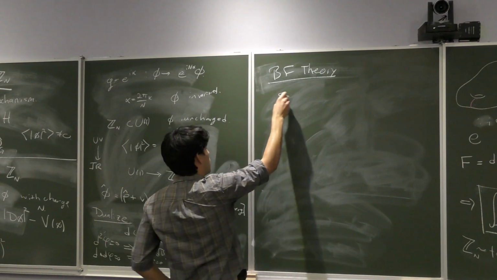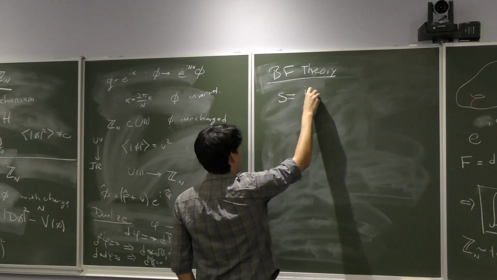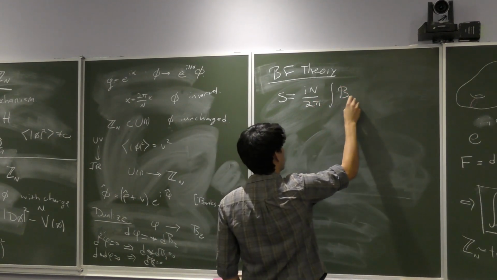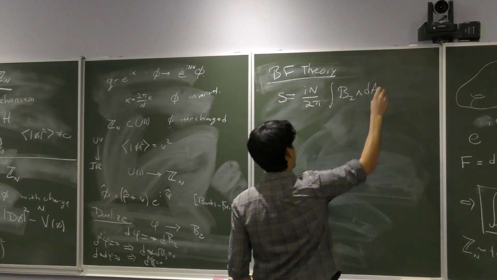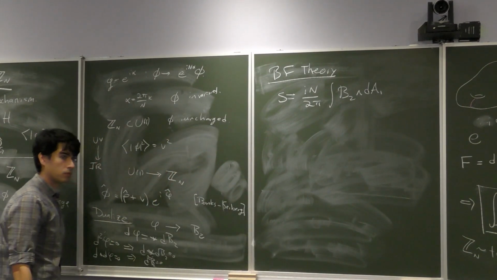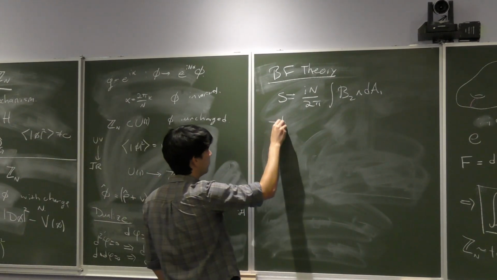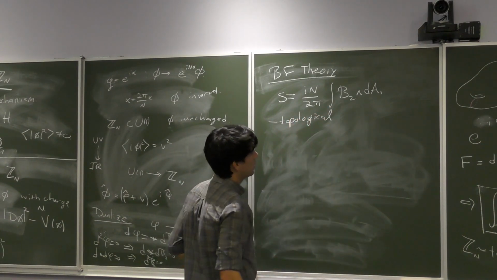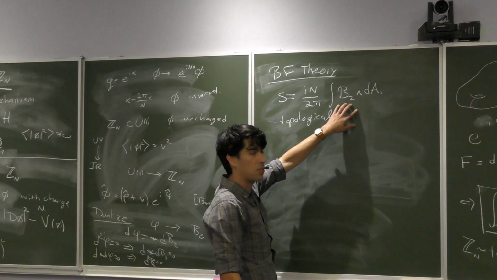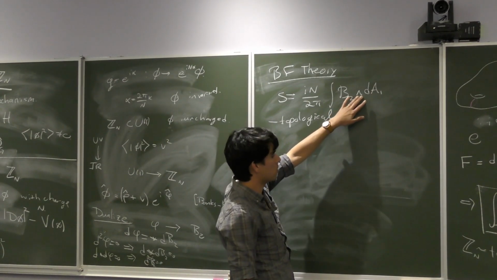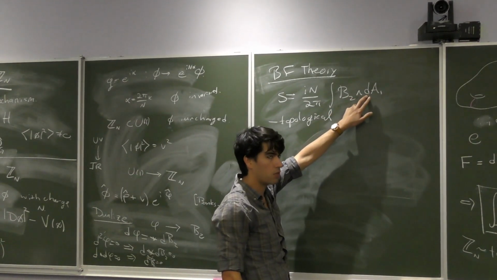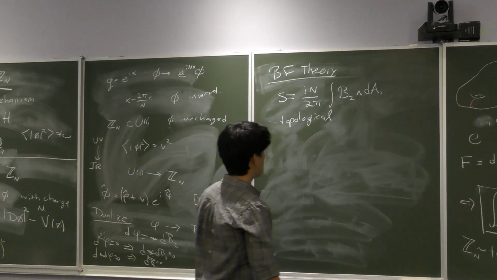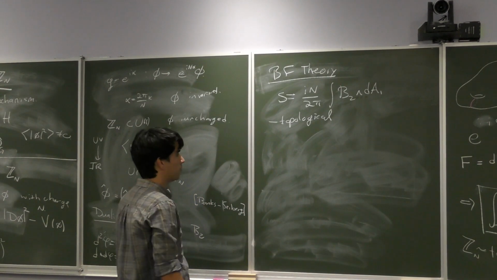And here, the action is given by this. It's very simple. And what's nice about it is it's topological. The way to see that is there's no metric dependence here, because the wedge product has no metric dependence. The exterior derivative has no metric dependence because of the anti-symmetrization. And this entire theory is topological.